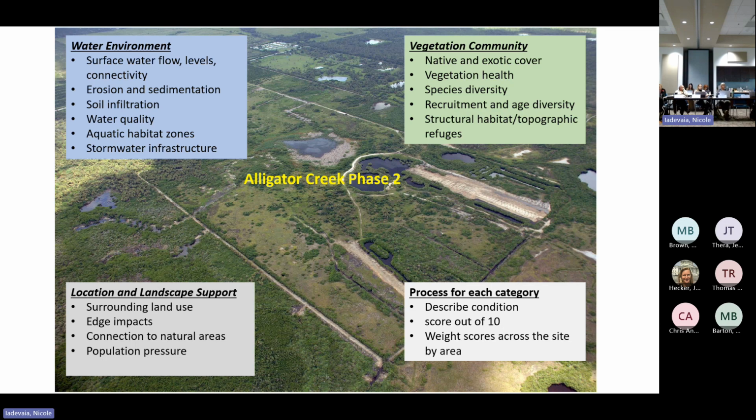Are we seeing different age stands of the planted material, or is it just what got planted initially and that's it? Again, it tells us a lot about, is it proceeding the way we would hope that project was going to proceed over the long term? And in some cases, there may have been structural habitat put in as well, or topographic features. Are they doing what we hope them to do?